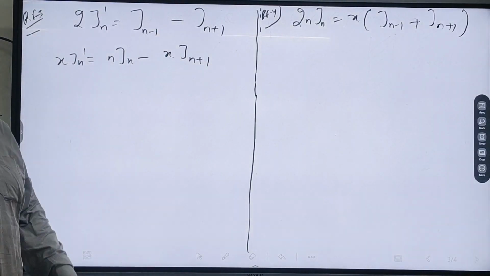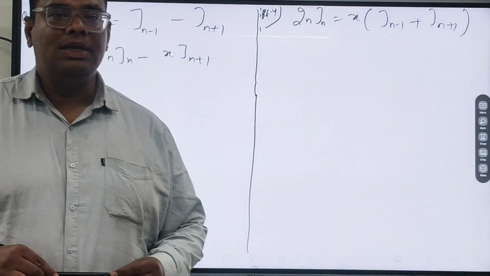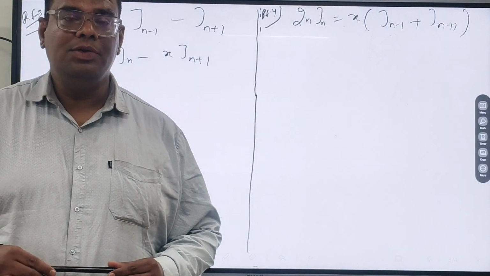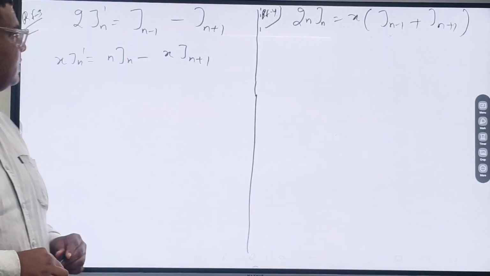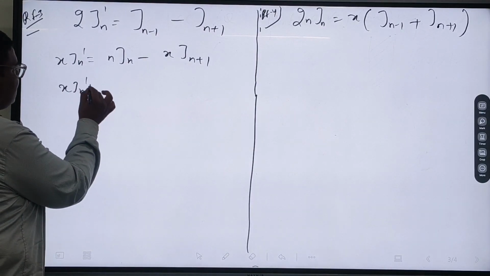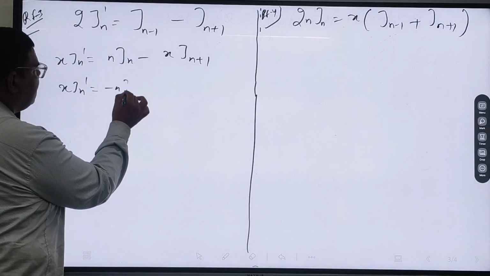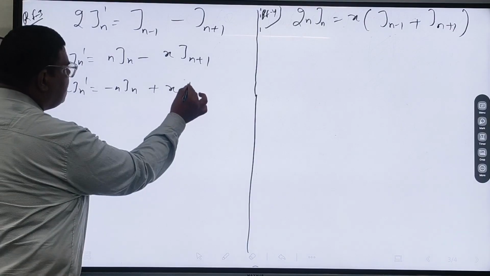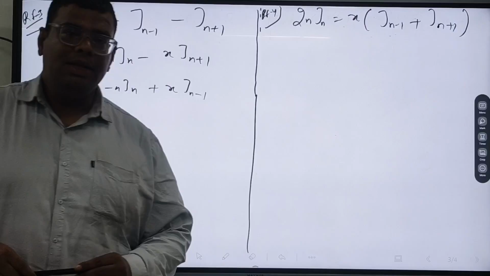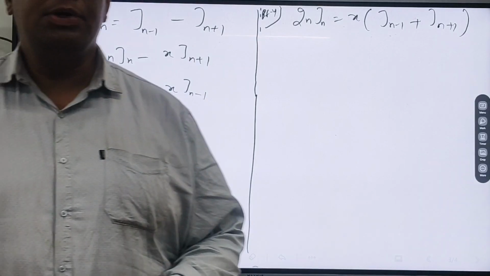This was recurrence formula number 1 that I derived in the last video. You can see it in the playlist. And what was recurrence formula number 2? It was x J_n' = -n J_n + x J_{n-1}. So these were recurrence formula number 1 and recurrence formula number 2.